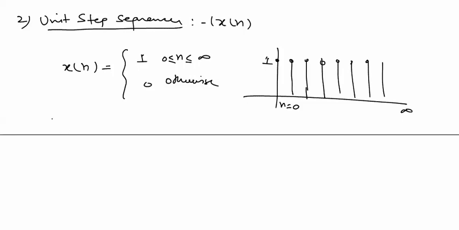We can draw u of 3 minus n, which is a shifting. u(n) is defined between 0 to infinity. 3 minus n is defined between 0 to infinity; by solving this, we solve for n, and the range becomes minus infinity to 3.